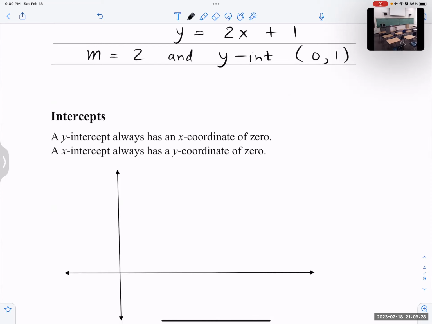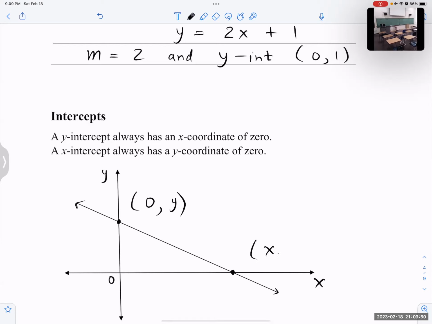So for example, say we have some line. It's going to intersect the y-axis when x is 0, and intersect the x-axis when y is 0.